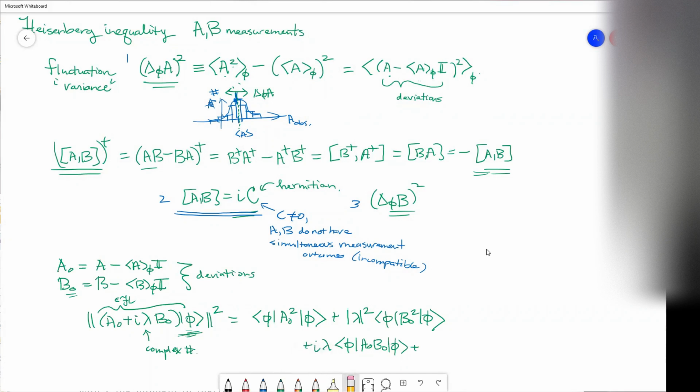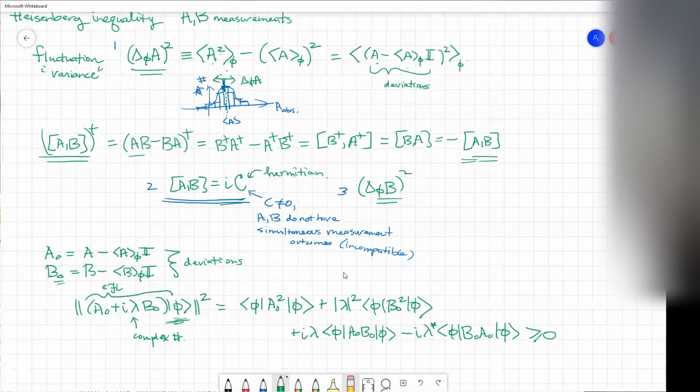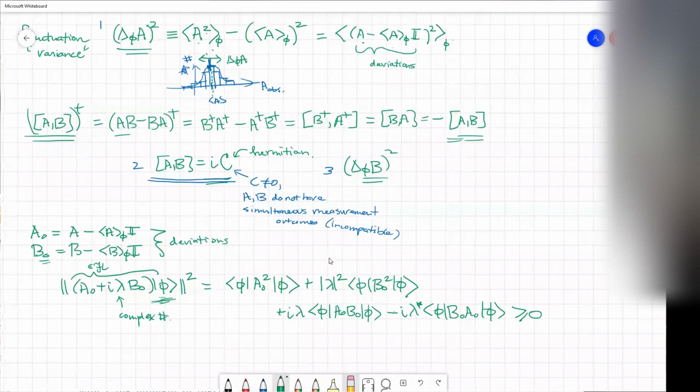And then you come in with a minus I lambda star of phi, and this is now B naught, A naught, phi, and all of that has to be greater than or equal to 0. So far, so good.